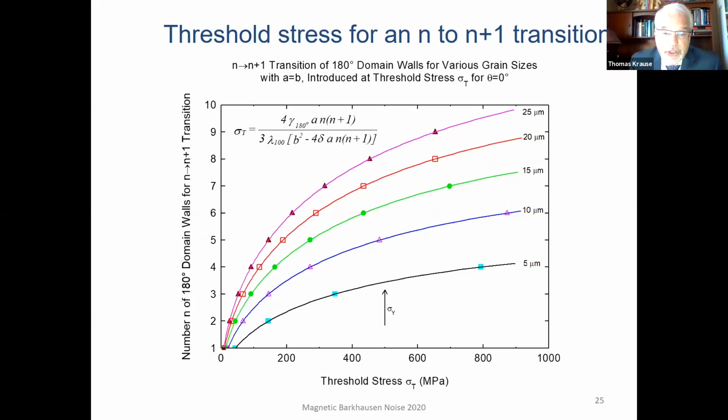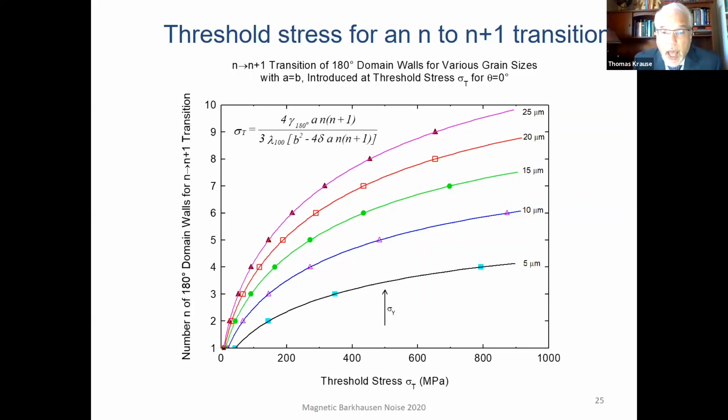What is shown here is a series of curves for different grain sizes going from 5 to 25 microns. In that calculation, we are adding 180-degree domain walls, shown by the points here. Notice that the curve is not linear, but tends to saturate or slow down, and that's because it costs energy to add a 180-degree domain wall to the magnetic object or the domain structure. So we can't go on doing that indefinitely.